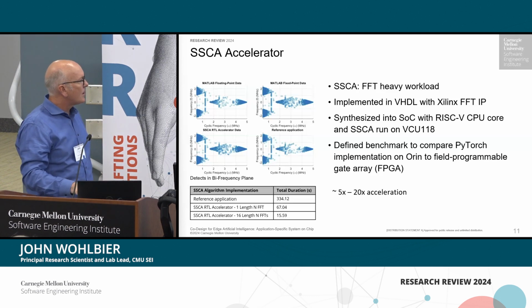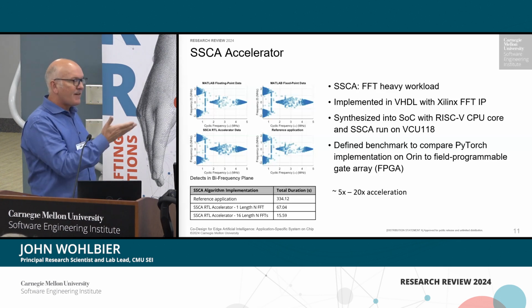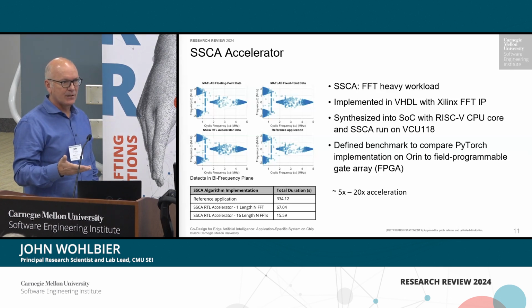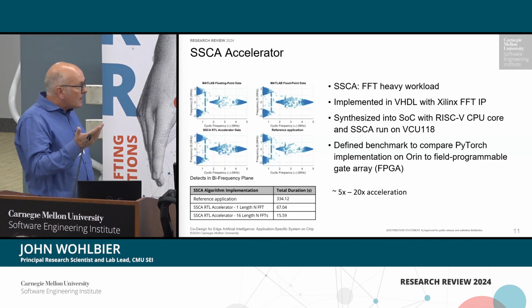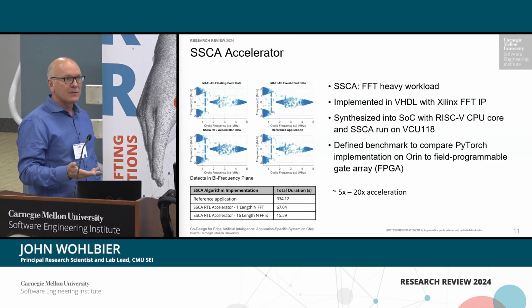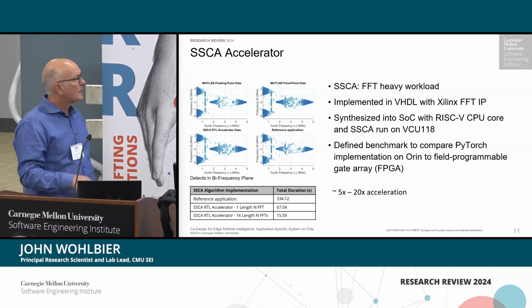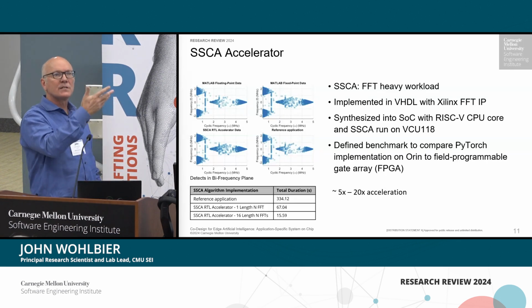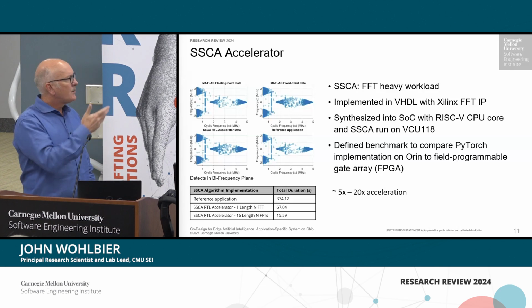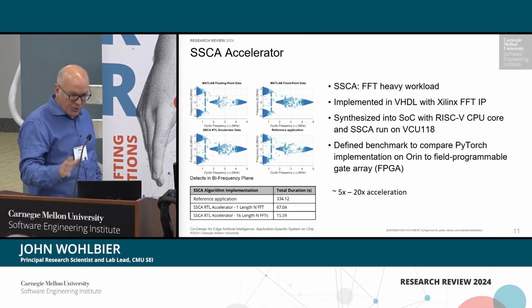The results are anywhere between 5 and 20 times acceleration. That's a lot, and if you can get 20 times acceleration, then you might think it's worth going through all this stuff that we've gone through for your application.